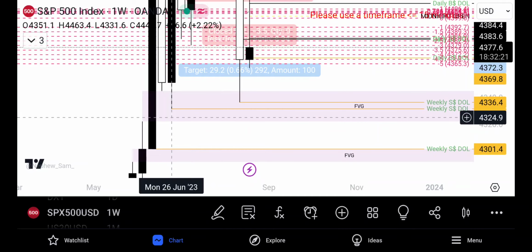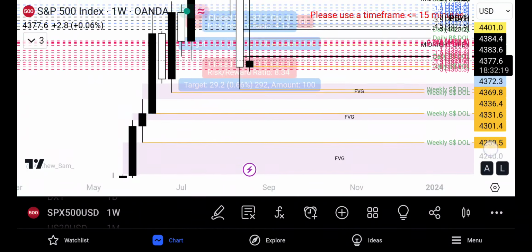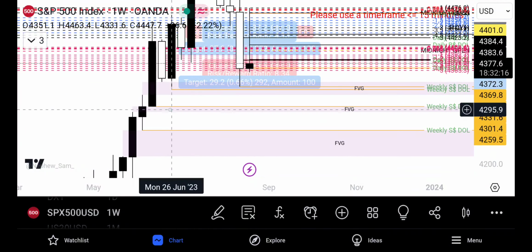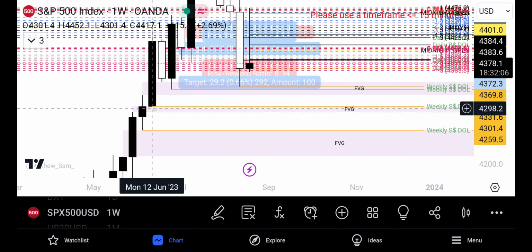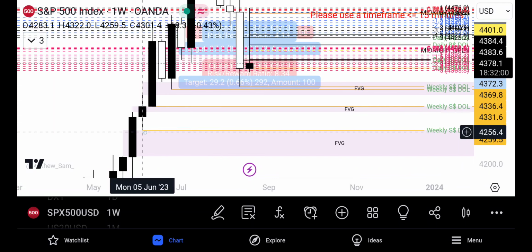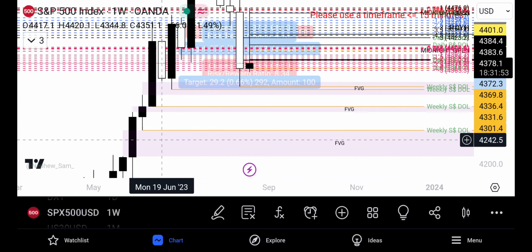As well as price could drop down and touch the low of the week of Sunday, June 11th, 2023, or the low of Sunday, June 4th, 2023.